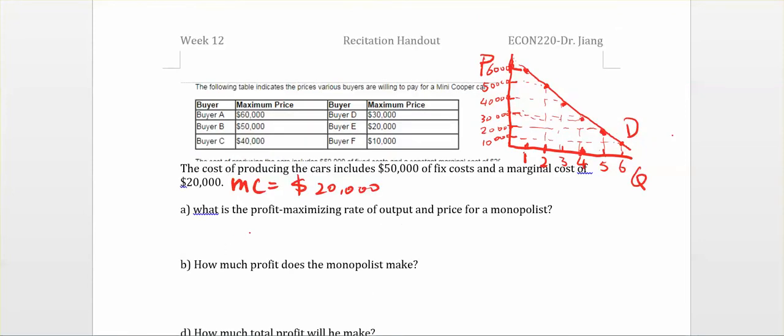After we got our market demand curve, we can keep getting our marginal revenue curve on this diagram. In order to get the marginal revenue, our first step is to know the total revenue in different scenarios. So let's create a table.